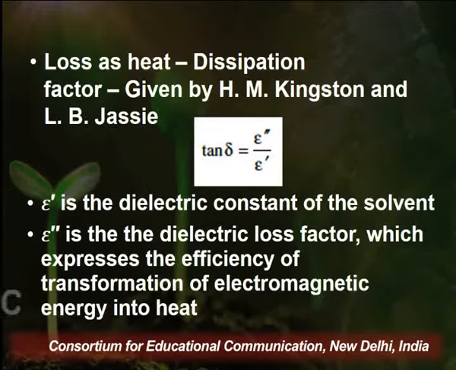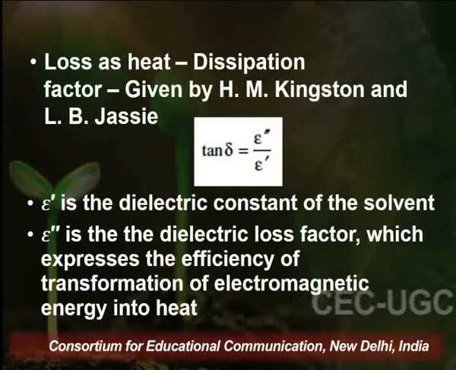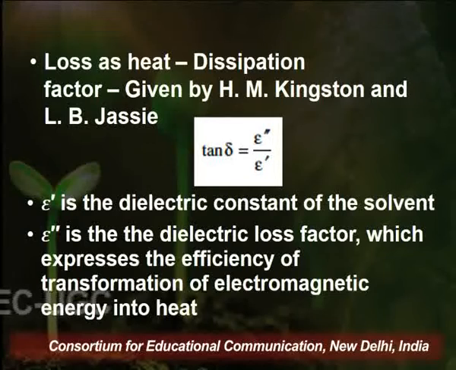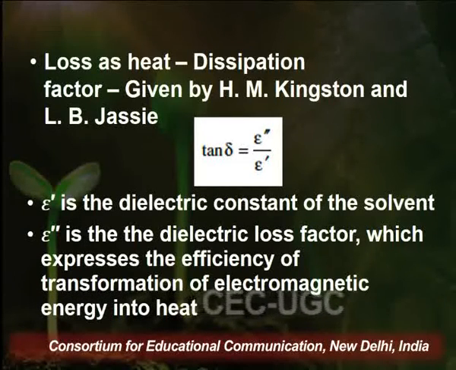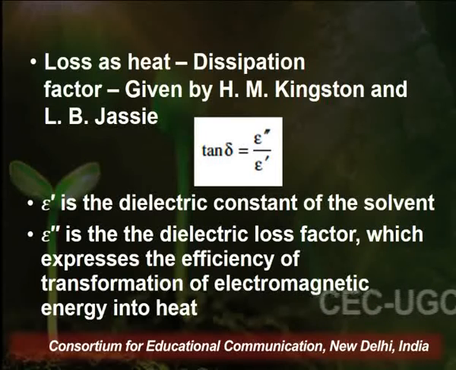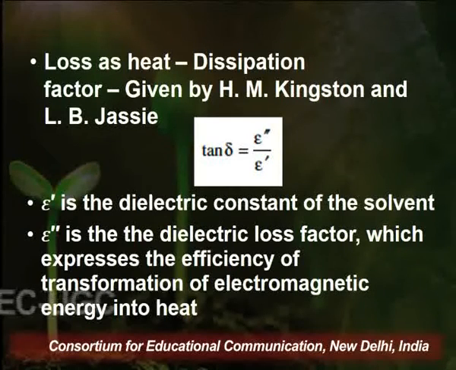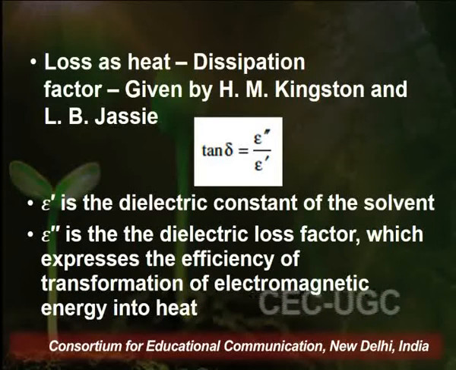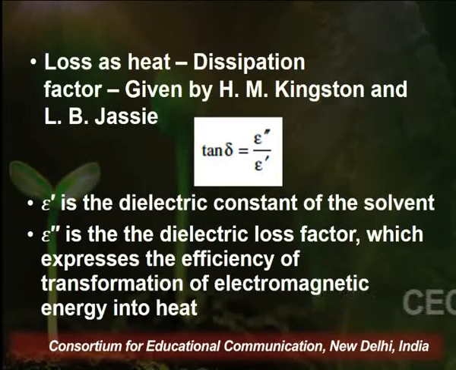This dissipation factor is designated by tan delta, and it is the ratio of epsilon double prime to epsilon single prime, wherein epsilon single prime is the dielectric constant of the solvent, and epsilon double prime is the dielectric loss factor, which expresses the efficiency of transformation of electromagnetic energy into heat energy. So whatever heat is dissipated or lost on restoration of thermal disorder is designated by epsilon double prime, which is also known as dielectric loss.